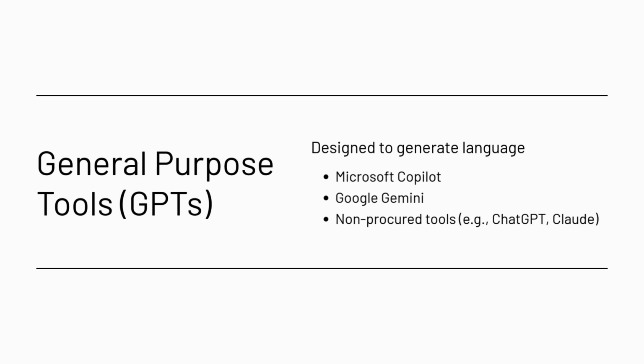General purpose AI tools are designed to generate text, explanations, and ideas. They're powered by large language models. At EKU, tools like Microsoft Copilot and Google Gemini are institutionally supported. You may also encounter non-procured tools like ChatGPT or Claude that are not institutionally supported.